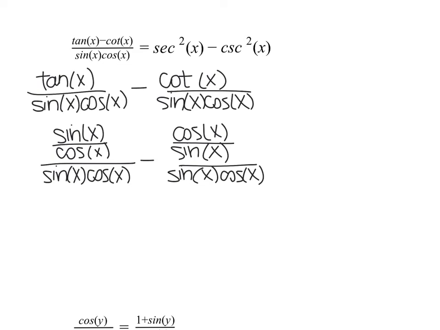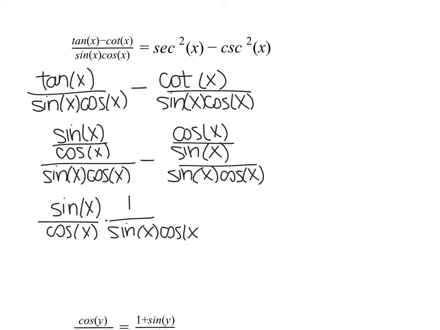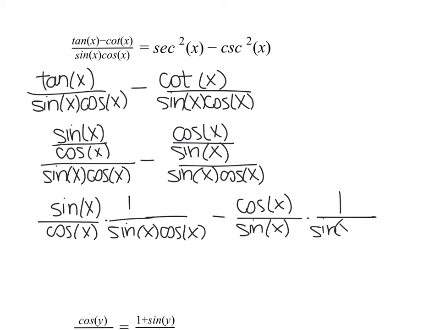Dividing a fraction by something, so we're going to rewrite it as multiplication. Leave the numerator alone, so we get sine of x over cosine of x times the reciprocal of the denominator, which becomes 1 over sine of x cosine of x, minus cosine of x over sine of x times 1 over sine of x cosine of x.